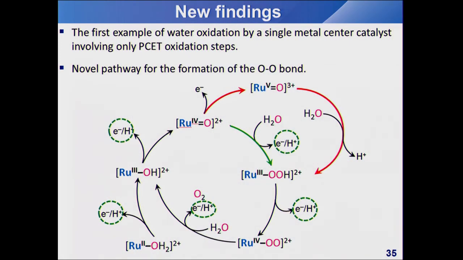So we haven't built up very positive charge on these molecules, and that's good. That's because we avoided the formation of very high energy intermediates. Also, we found this very unusual pathway which hasn't been observed before, where we make the oxygen-oxygen bond in this proton-coupled electron transfer step.